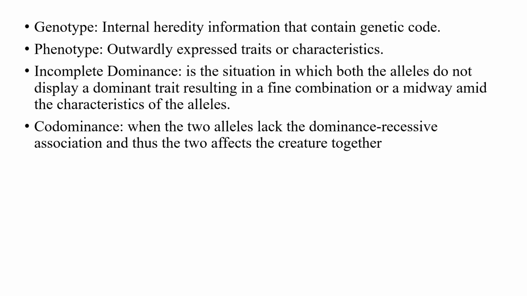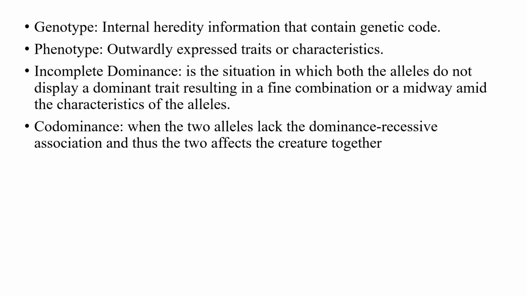Now, when none of them is showing dominance over the other, we are not going to have the characteristics of one showing. So it will result in a fine combination or a midway of the characteristics of the alleles.